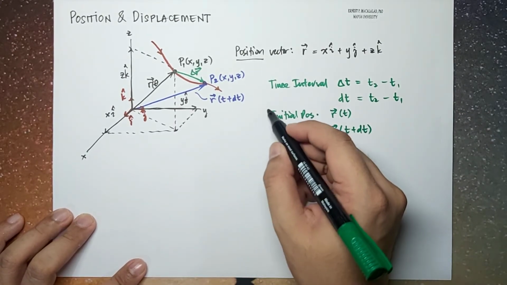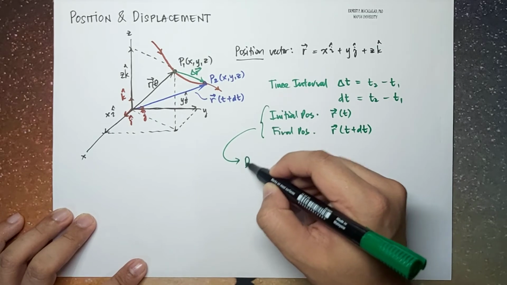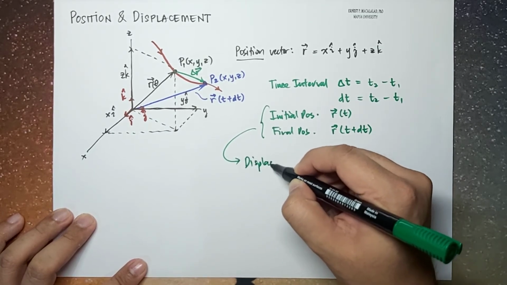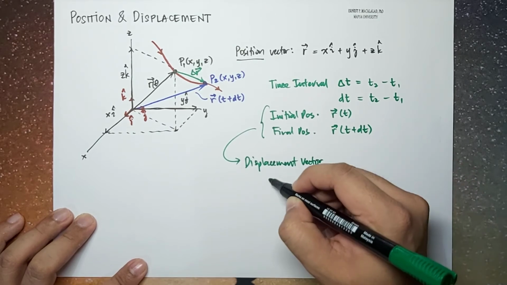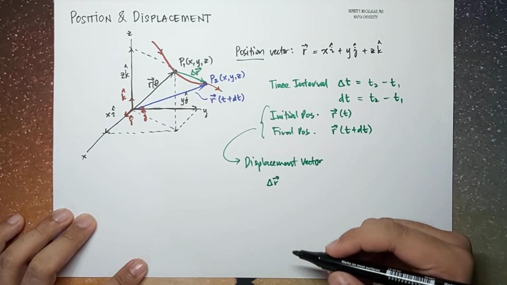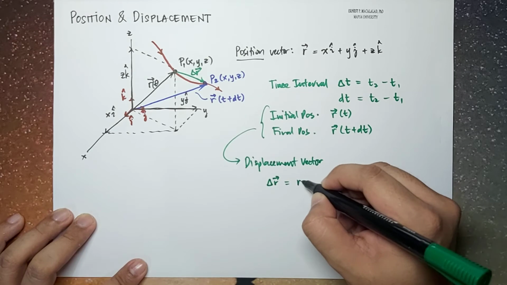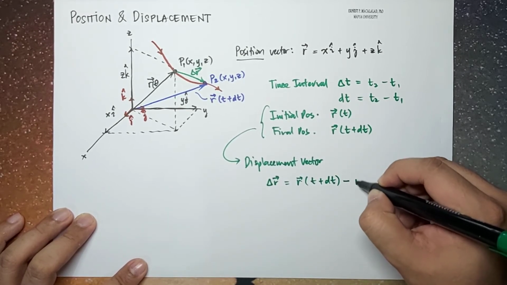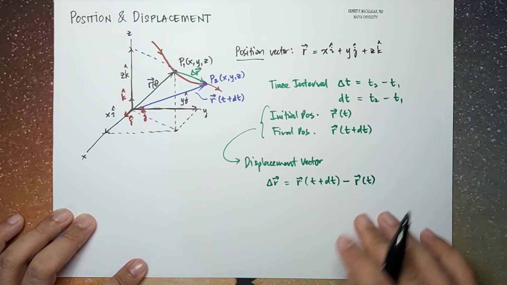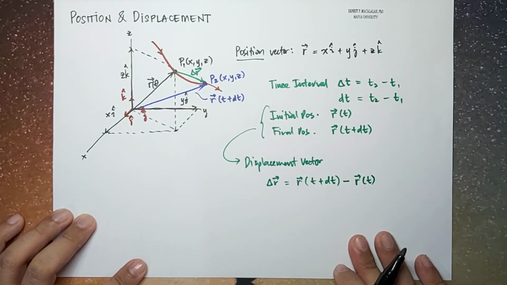From here we can define our displacement vector, delta r vector, which is equal to r(t plus dt) minus r(t).